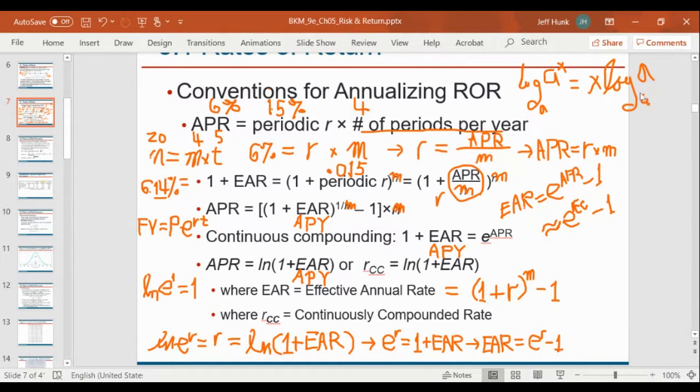When the base and the body of the log are the same, it's not only because of that.